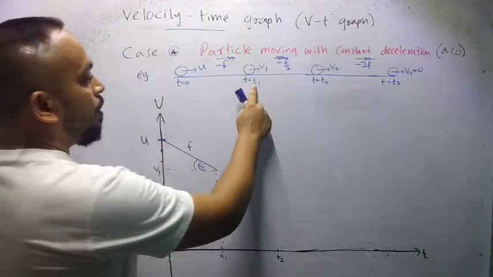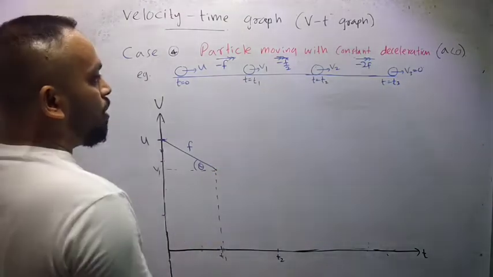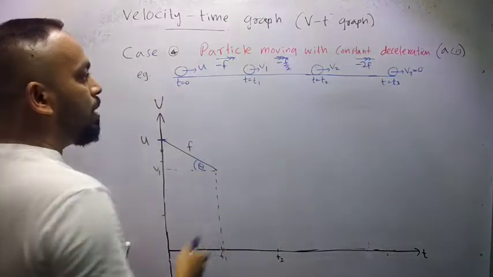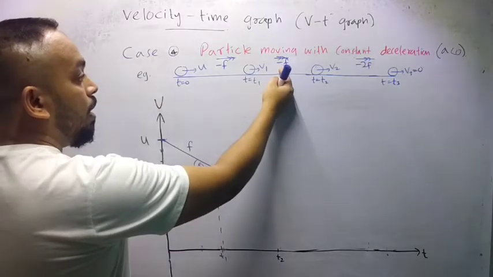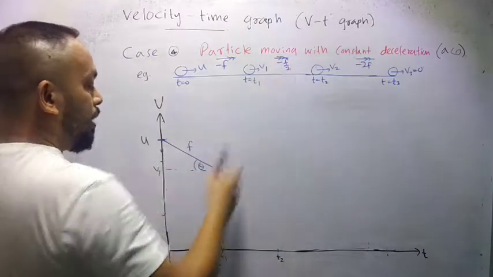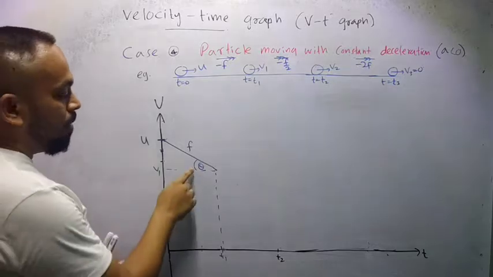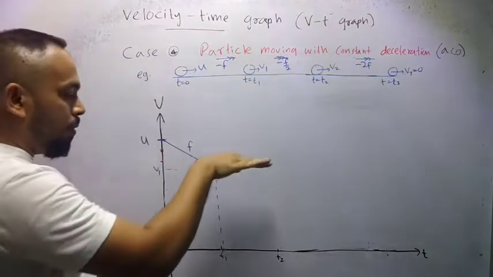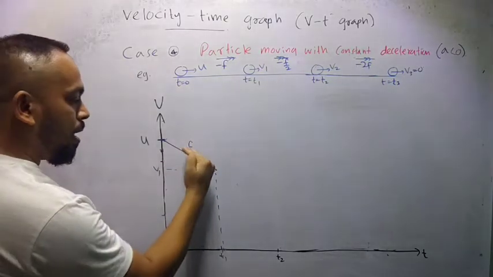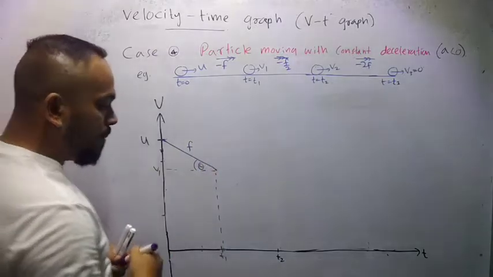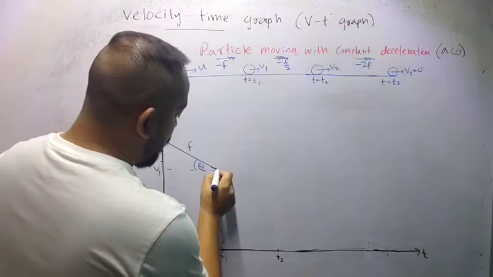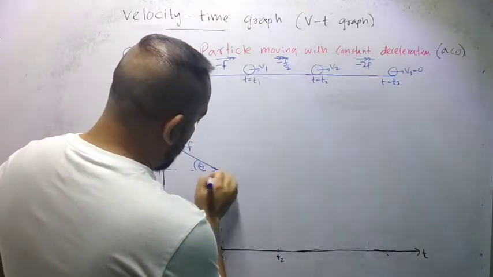Then from t equals t1 to t equals t2, it moves with deceleration f by 2. Since f by 2 is less than f, we have to decrease the inclination, like before.